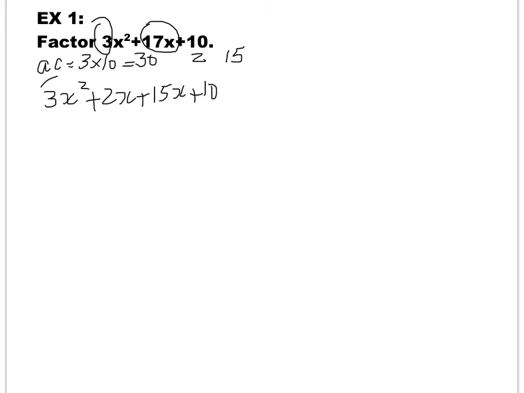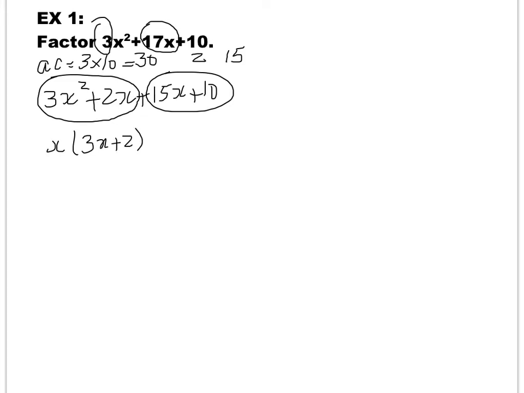Now I'm going to use the common factor and factor 3x² plus 2x. The common factor is x, so I get x times (3x plus 2), plus the common factor between 15x and 10, which is 5, so I get 5 times (3x plus 2).